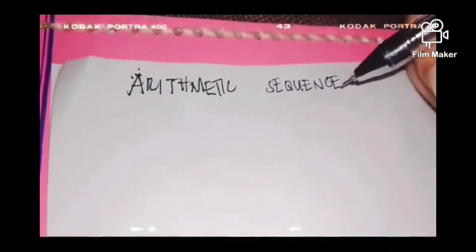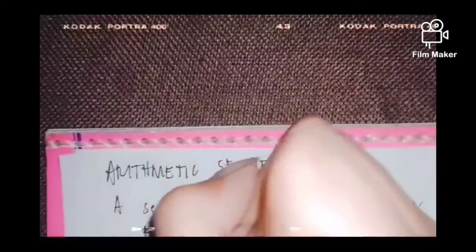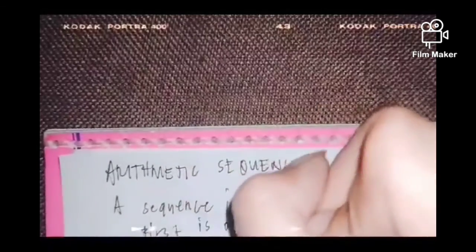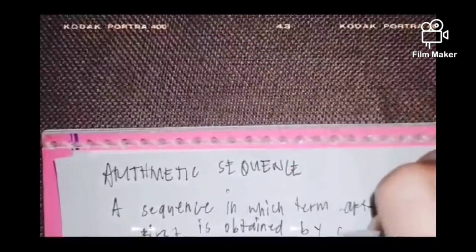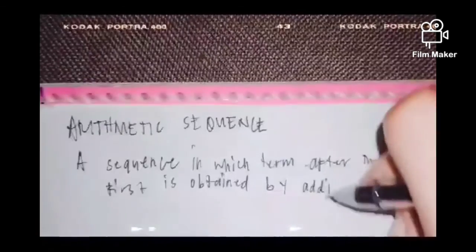So for today's video, I am going to teach you how to solve an arithmetic sequence. Arithmetic sequence is a sequence in which each term after the first is obtained by adding the same fixed number.